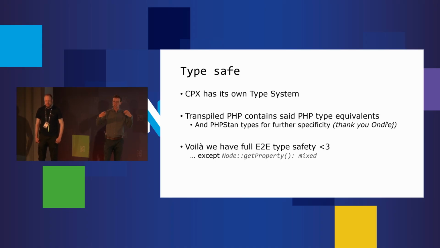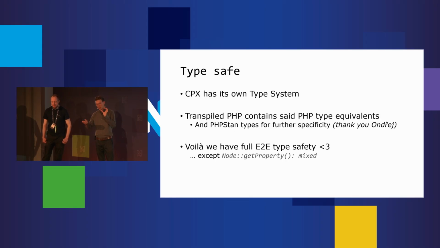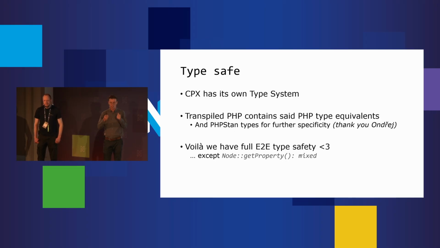The CPX transpilation will ensure that everything is obviously ensured by PHP runtime and for the IDE support, but also that PHPStan can use its narrowing to further narrow the types and ensure everything is used correctly. And matching these parts together, we can have everything in its entirety type-safe.